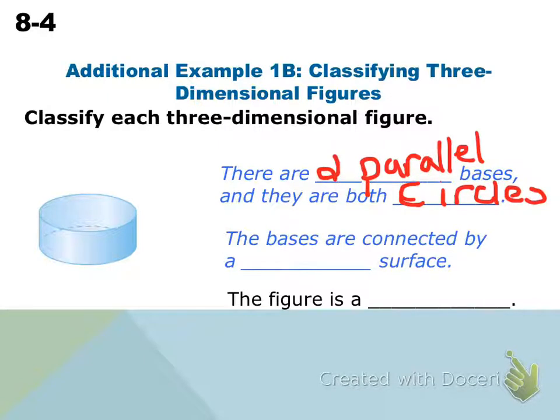The bases are connected by a curved surface. So that would make this figure a cylinder.